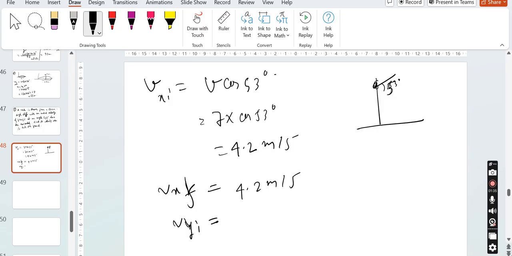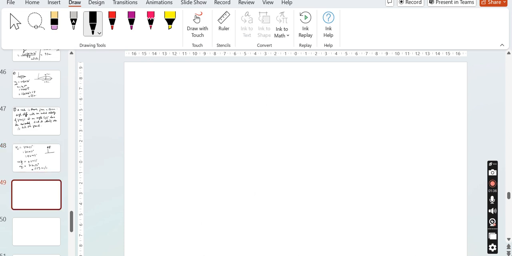The initial velocity in y direction was v sin 53 degrees, that is 5.59 meter per second, and here the information is that there is h or s, which is 50 meter.